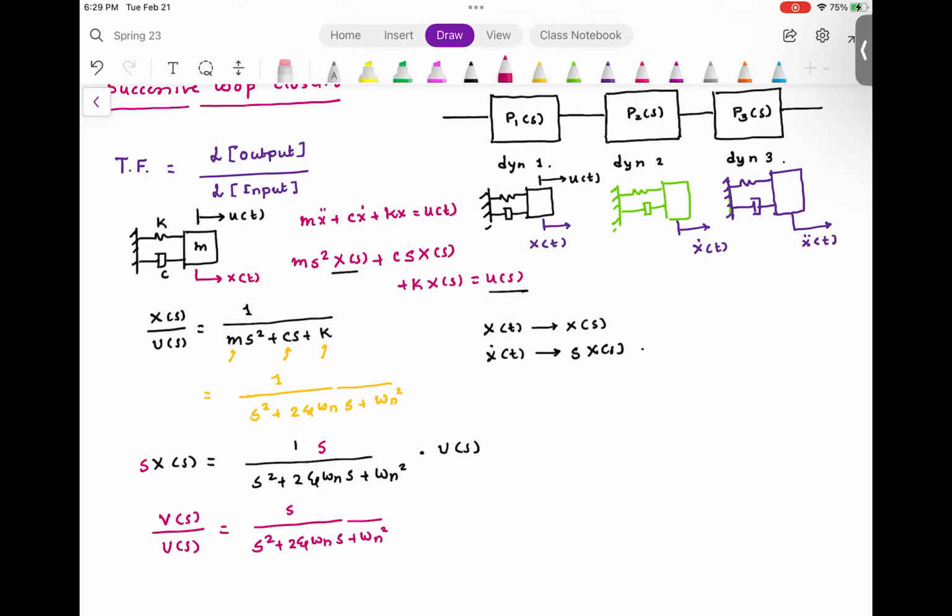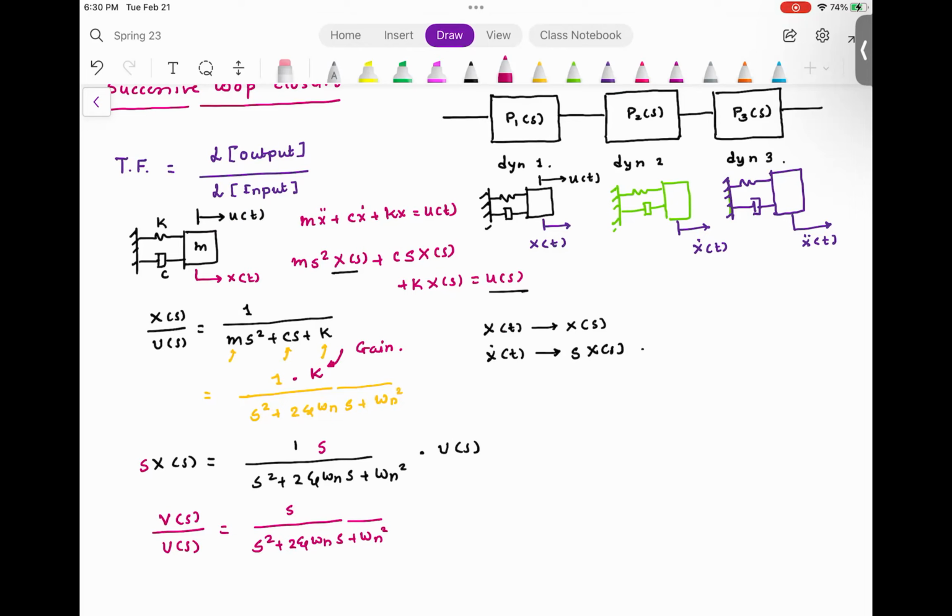So the change then will be that instead of 1 here, there will be some constant k. And this is just a gain. This gain indicates how the actually measured quantity is related to the quantity which I want to measure.